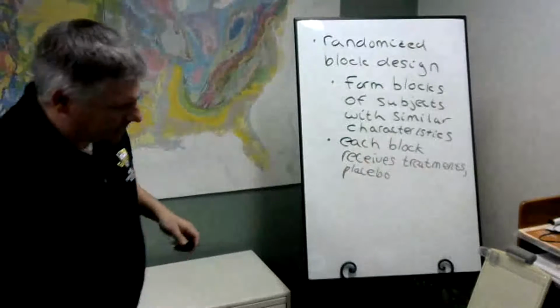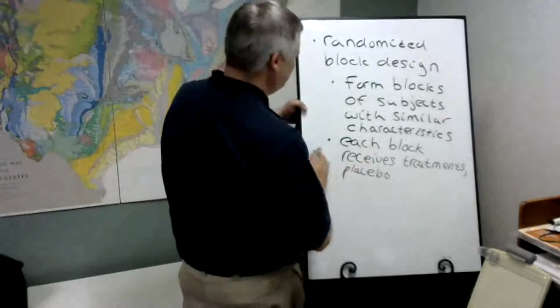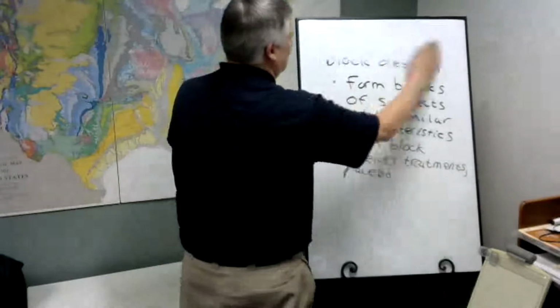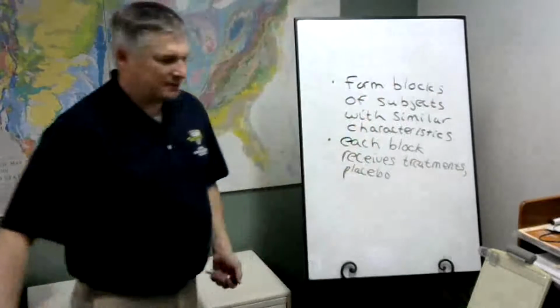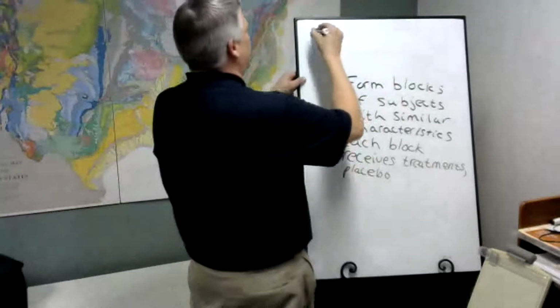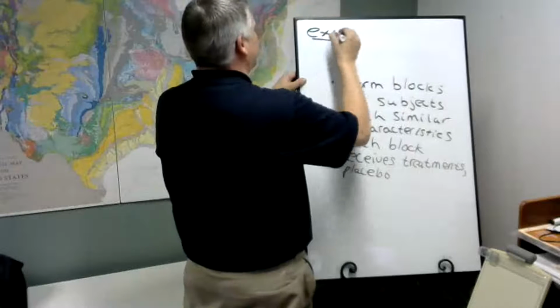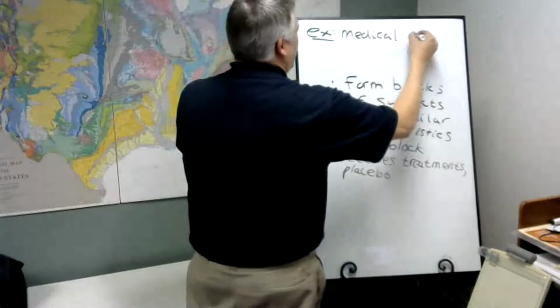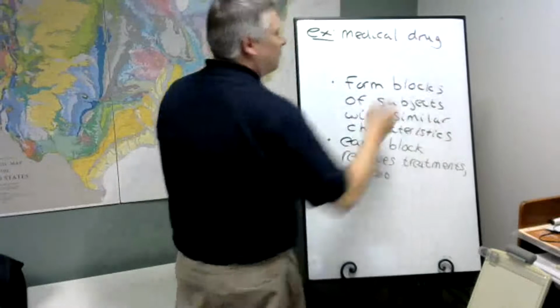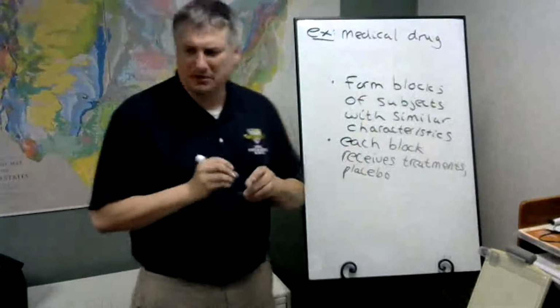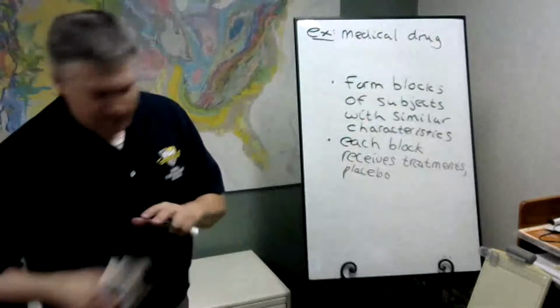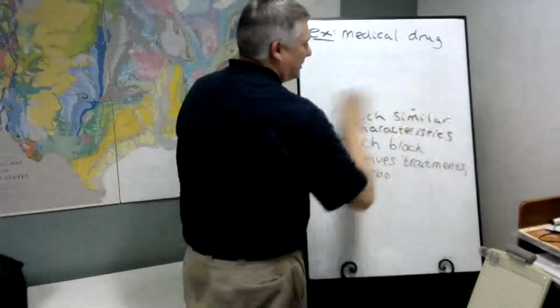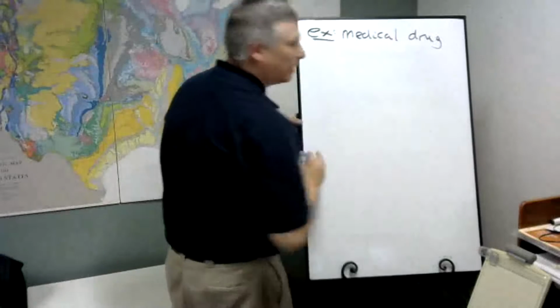So an example of this: let's say we're testing some kind of drug, and for whatever reason, blood type is a concern. It might have some influence on how people respond to this drug.